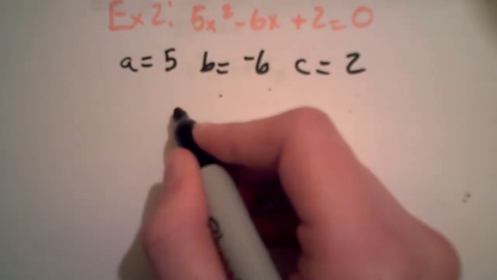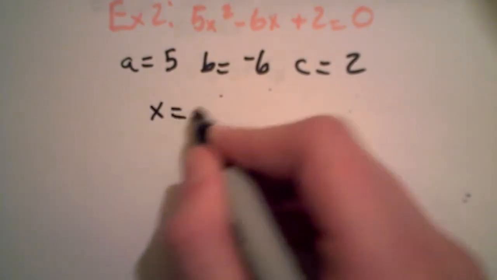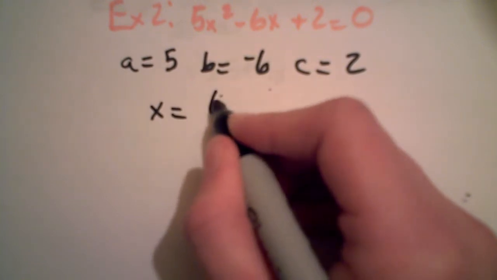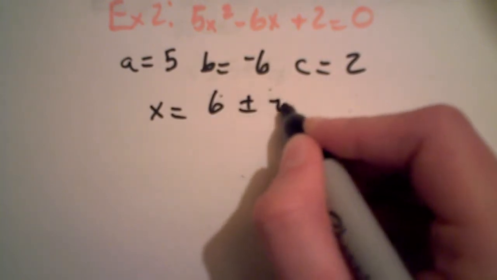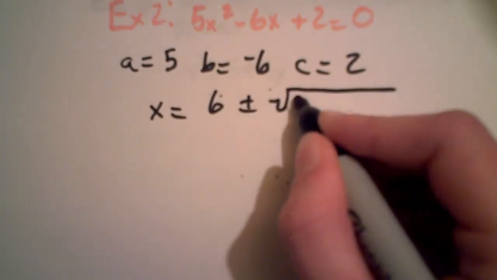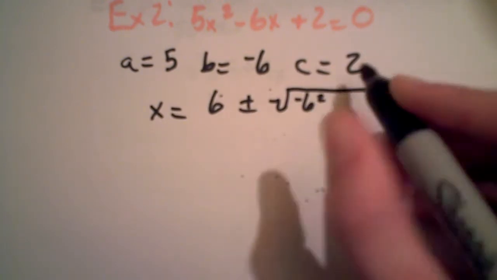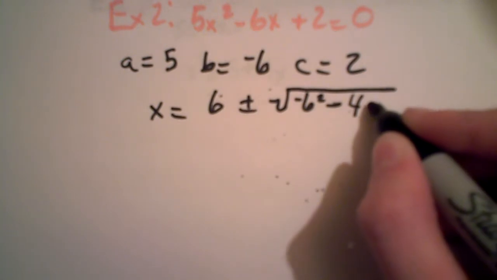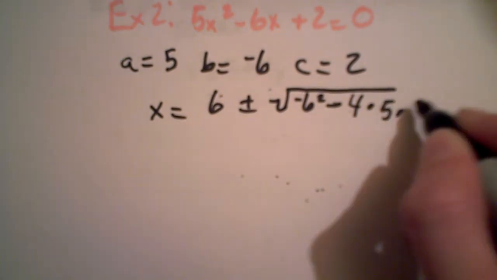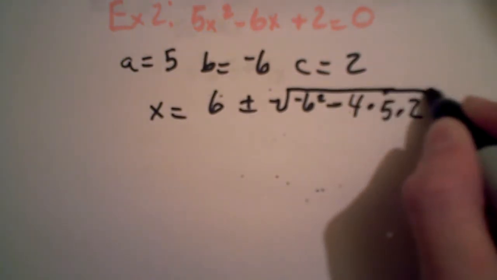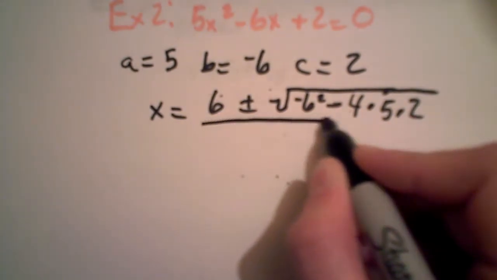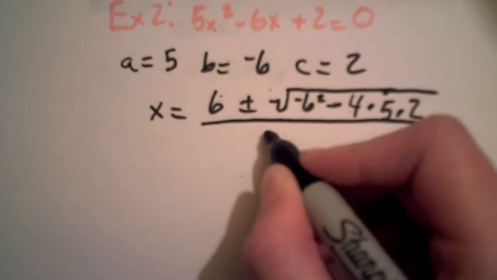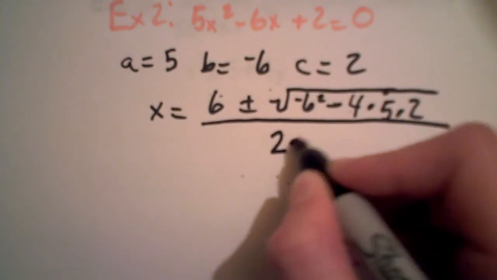So the opposite of b is 6 plus or minus the square root of negative 6 squared minus 4 times 5 times 2, divided by 2 times 5.